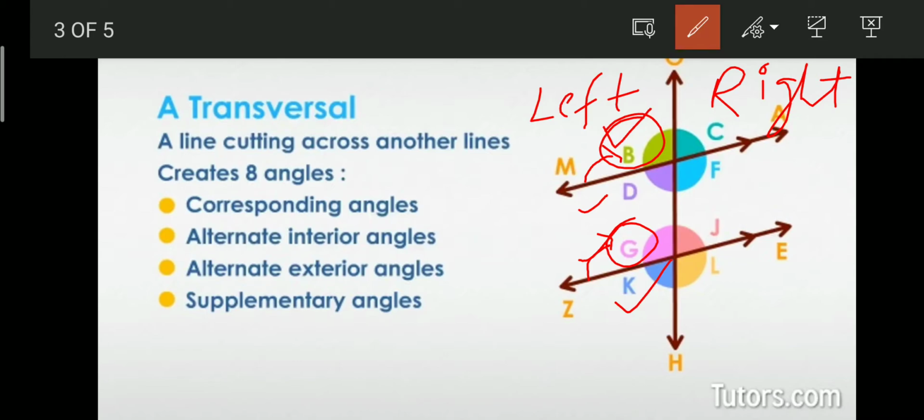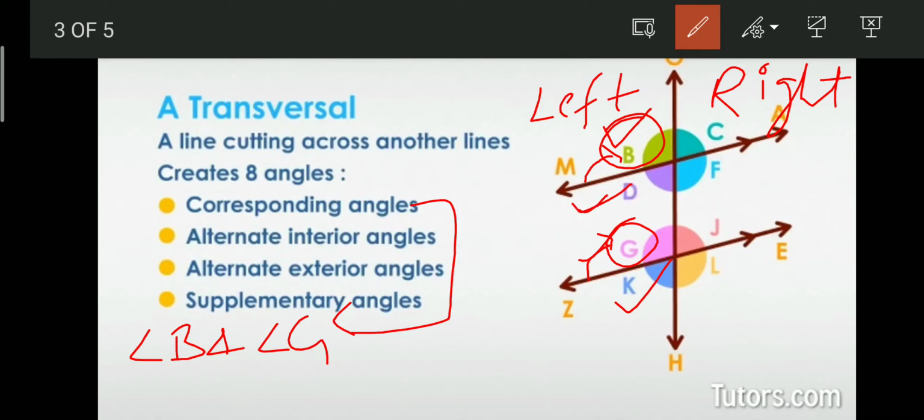Here we can see angle B and angle G are corresponding. In the same manner, angle D, a pair of one interior and one exterior angle, so angle D and angle K are corresponding angles.